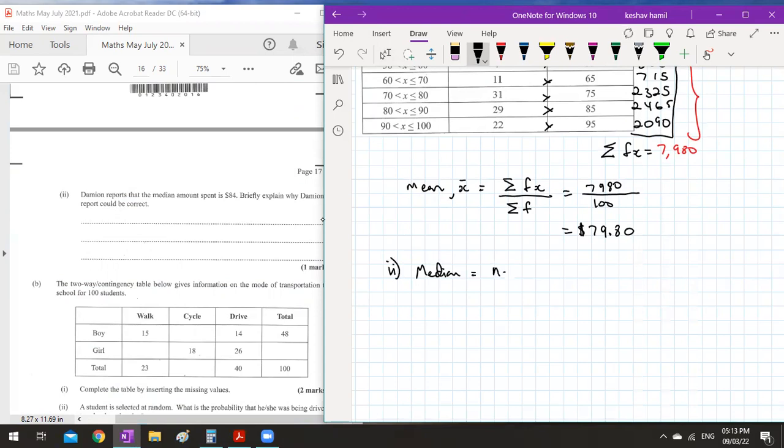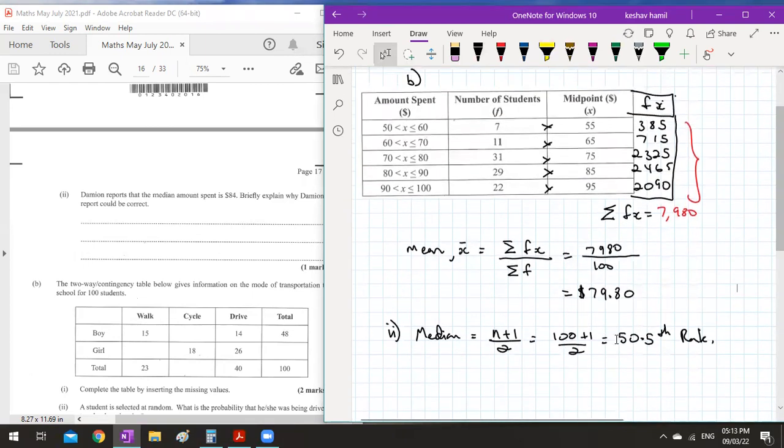The median would occur at n plus 1 divided by 2, 100 plus 1 divided by 2, which is 50.5. And this will give us the rank. In terms of the table, where would the 50th student or the 51st student fall?